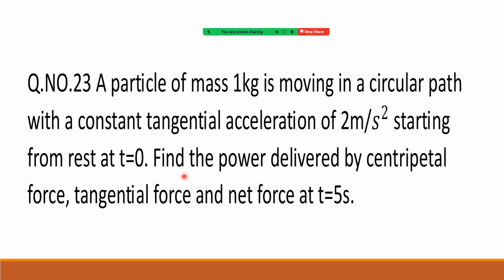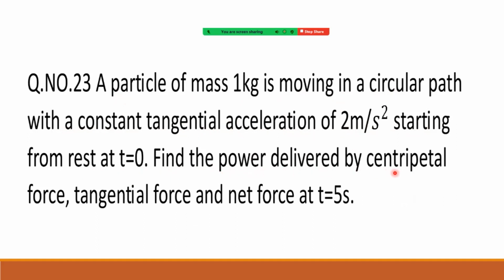Let's say the question given. A particle of mass 1 kg is moving in a circular path with a constant tangential acceleration 2 meter per second square, starting from rest at t equal to 0. So at t equal to 0, velocity is 0.